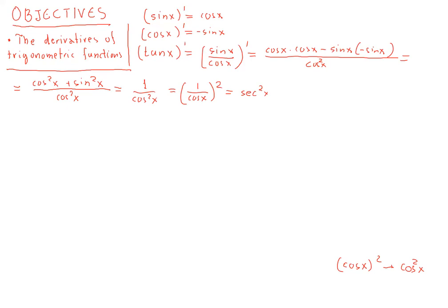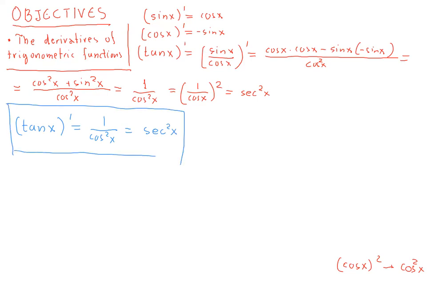So in other words, we now have the formula that the derivative of tangent is either 1 over cosine square of x or secant square of x. You can use either one. And we're going to use both of them, but in most cases, we're going to go with this.